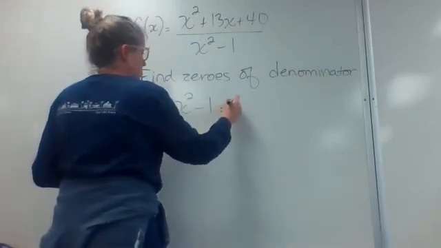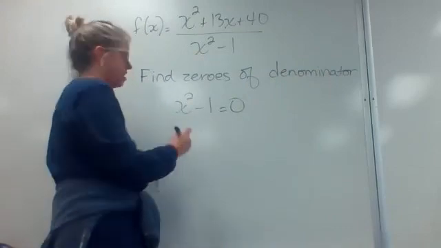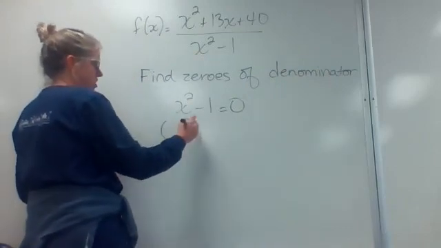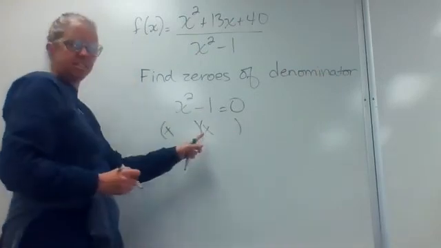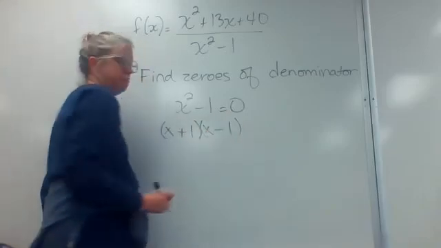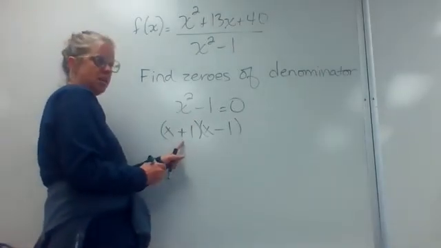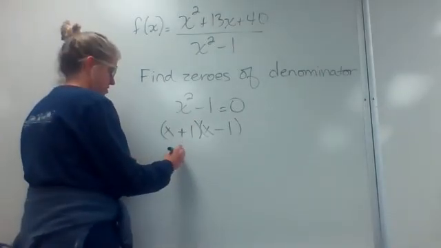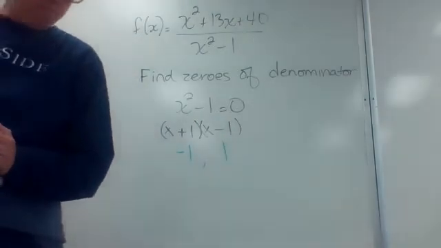If I set that equal to 0, I can either put this in quadratic or I can factor it real quick, right? It's just a difference of perfect squares. X and x for x squared, right? Plus 1, minus 1. What is this one's 0 going to end up being? Negative 1, positive 1.